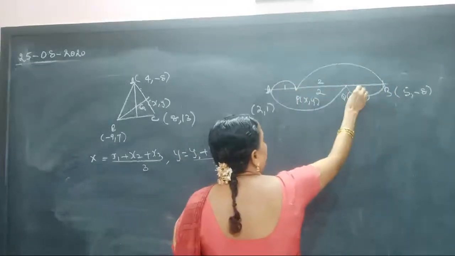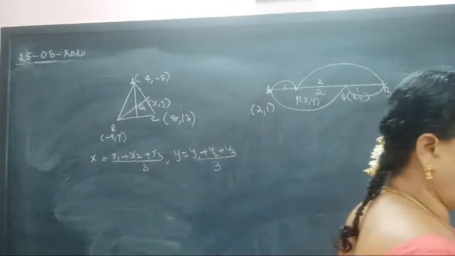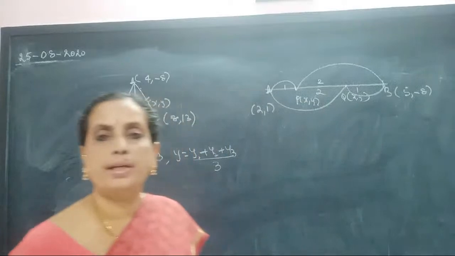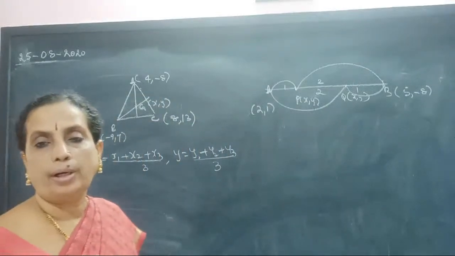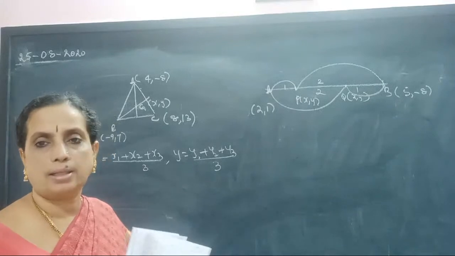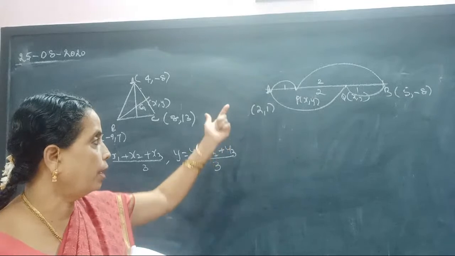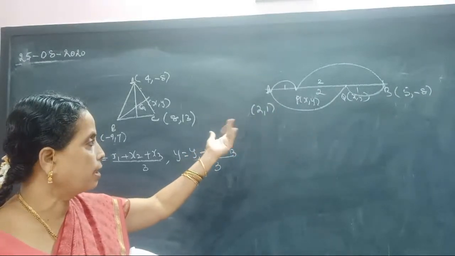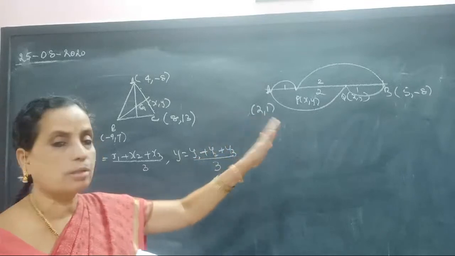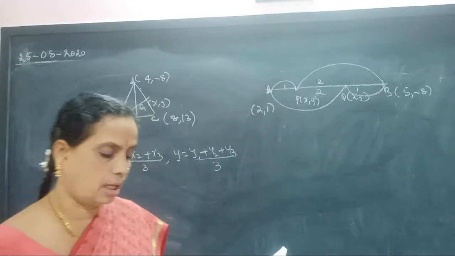In both conditions, you should find out the coordinates of point P(x, y), point Q. The same type you answered yesterday. Apply section formula where m1 is 1, m2 is 2 first case. Then second case m1 is 2, m2 is 1. We will have the answer discussion in the next class.